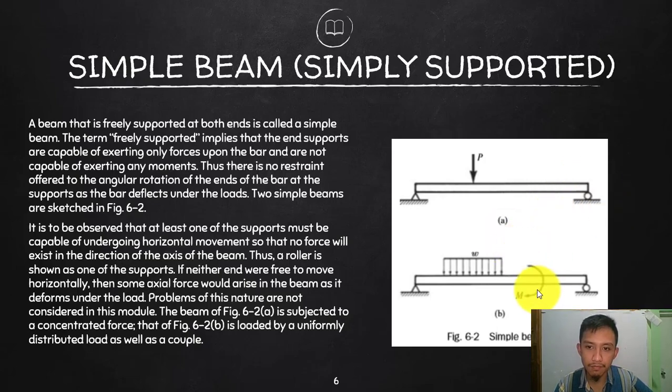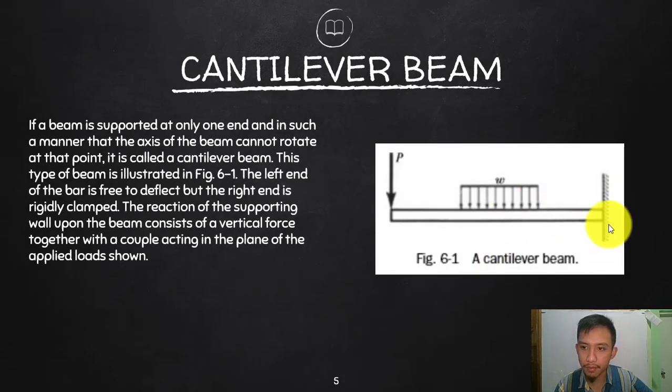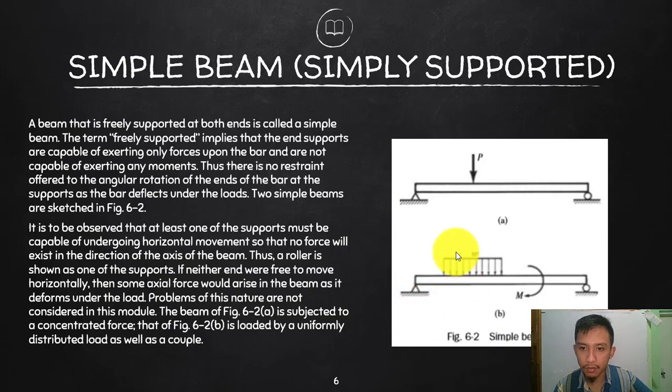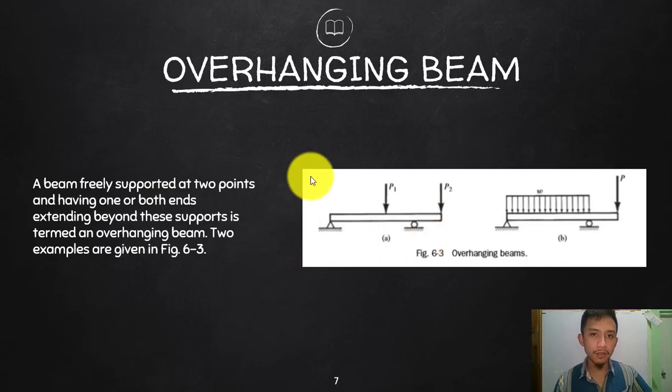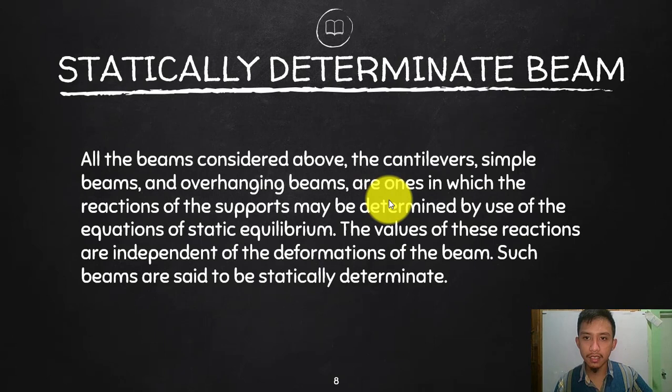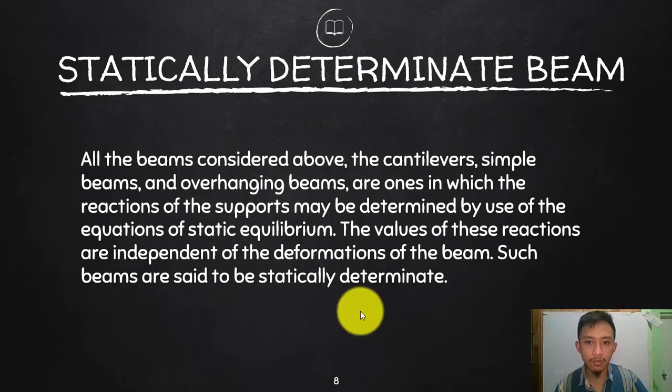The same way of calculating that internal moment. So those are just the simple types of beams that we will include in our discussion. Again, statically determinate beams, so that we will only be using the static equilibrium equations.